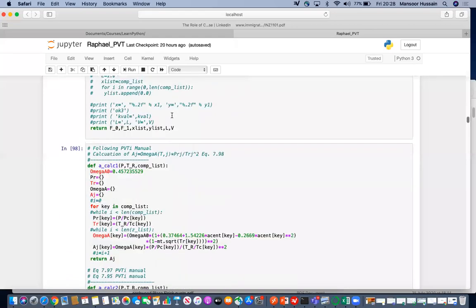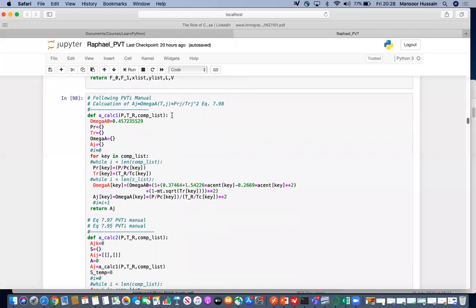Then this is where it starts to get serious. Now I'm starting to model the equation of state, the Peng-Robinson equation of state. It can be written in such a way that it calculates the fugacity of liquid and fugacity of vapor.